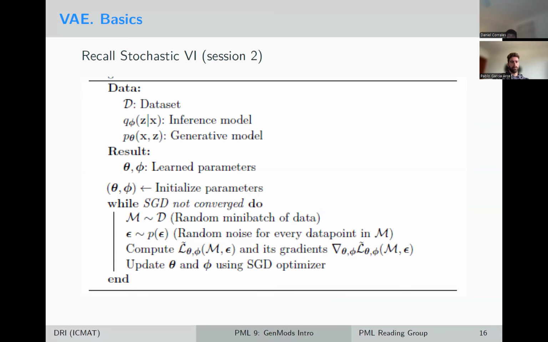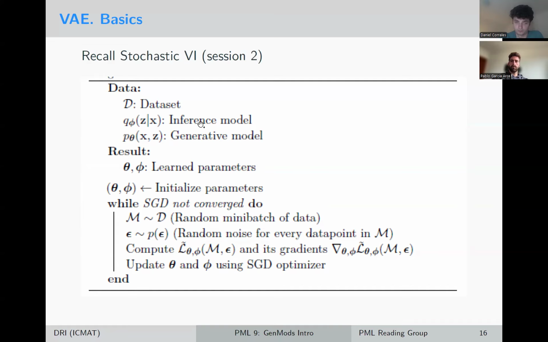So for training, the generic approach would typically be a stochastic variational inference algorithm from sessions 2 and 5. We study this in detail, so I go lightly.